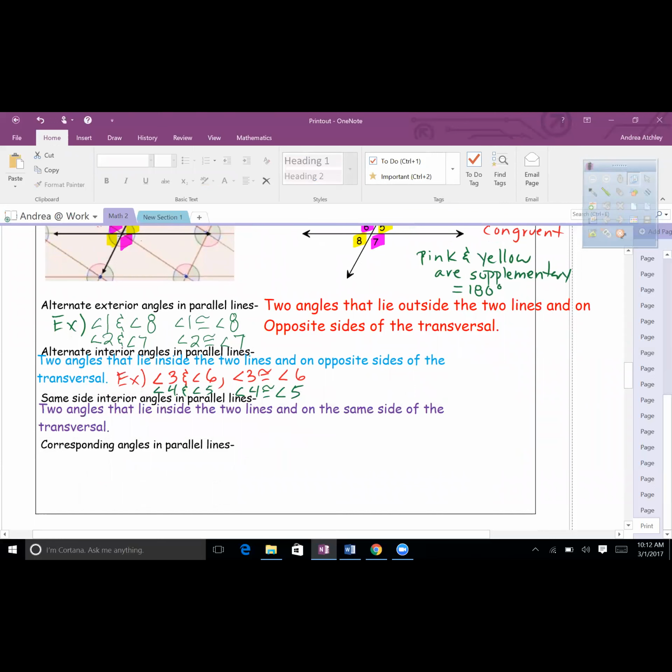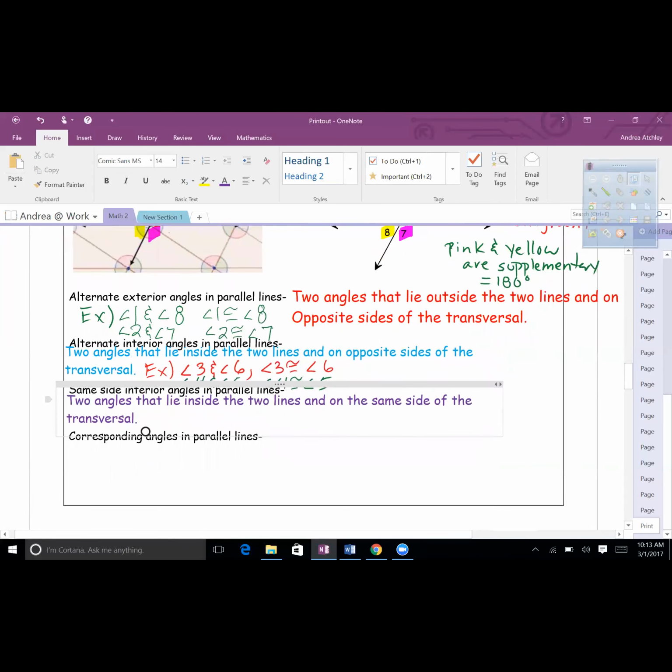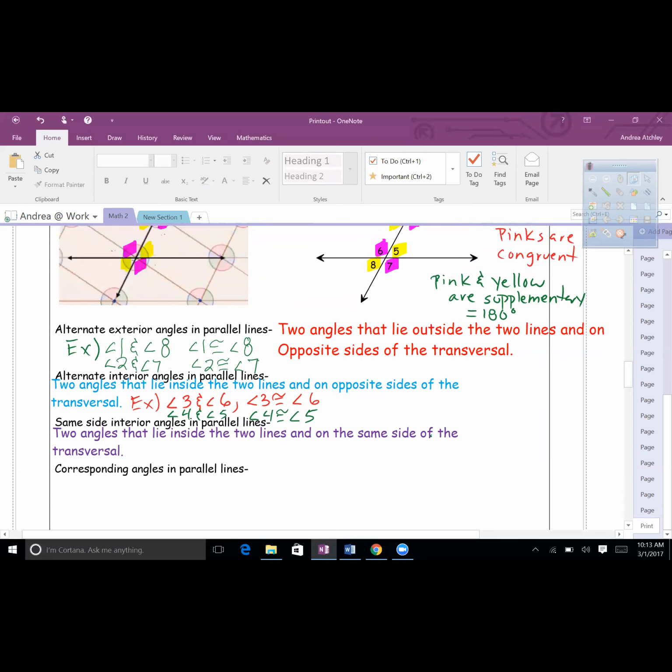Two angles that lie inside the two lines and on the same side of the transversal. Any questions over that?